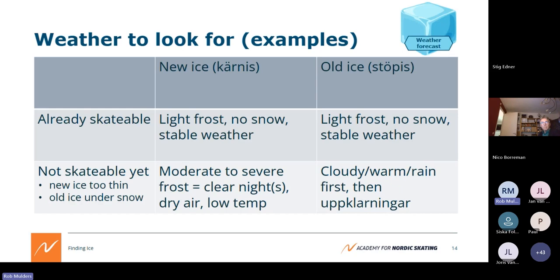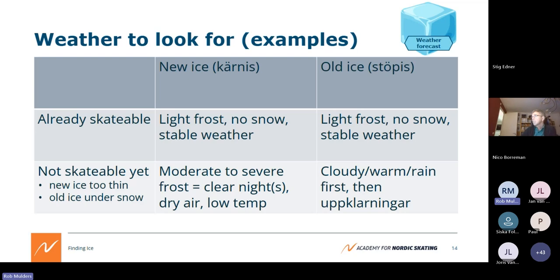The weather to look for, here are a few examples. One thing I learned over the years is that if I'm looking for ice, the first question I ask myself is: is there a chance of new ice, or am I looking for old ice that gets skatable again? Because those two types demand different weather.